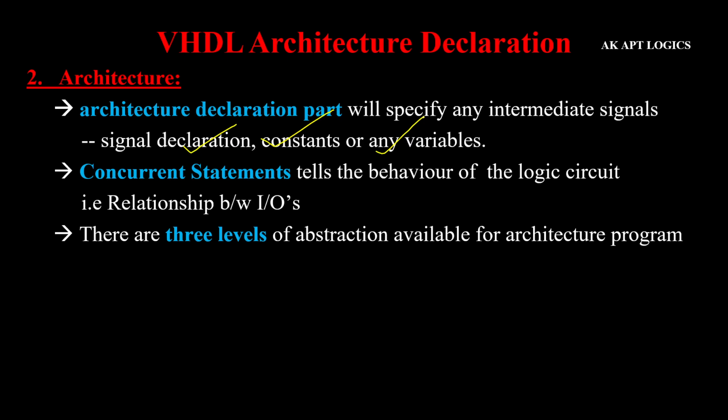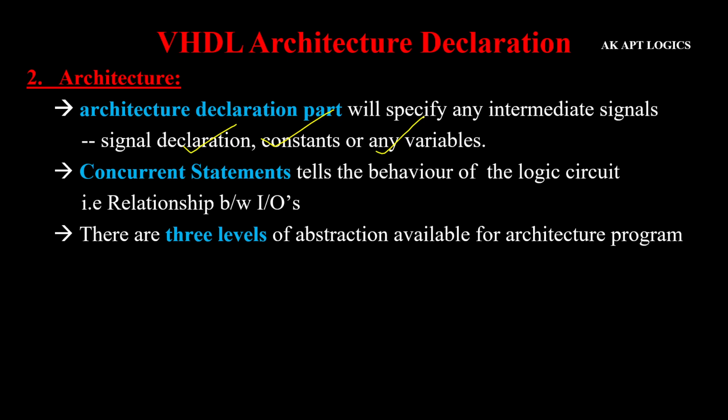After begin we are going to use the concurrent statements, which are used to specify the relationship between the inputs and outputs. To specify the relationship between inputs and outputs, there are many ways. How many ways? Three ways. That is called the levels of abstraction, and there are three levels.